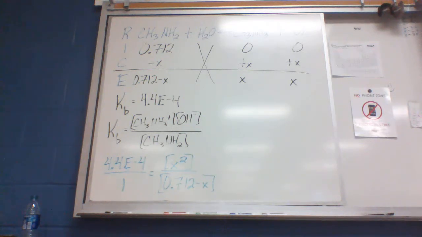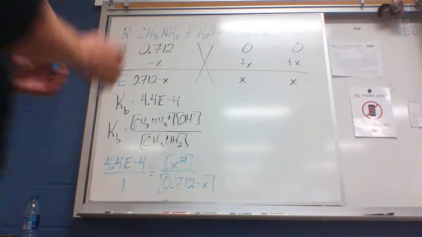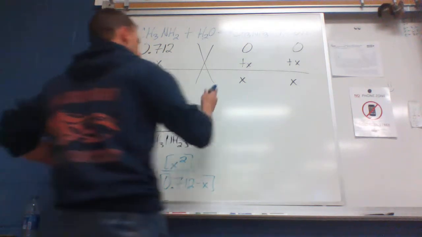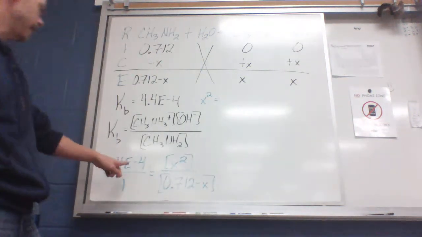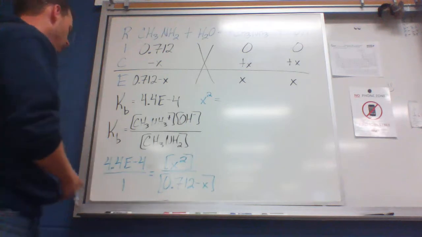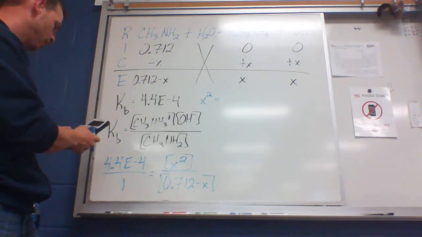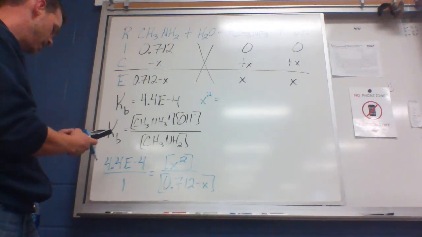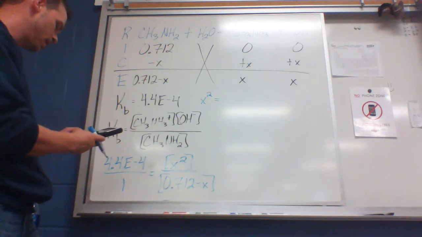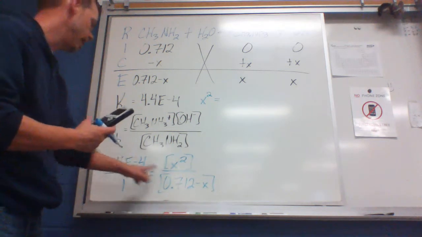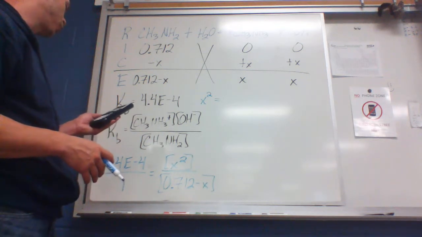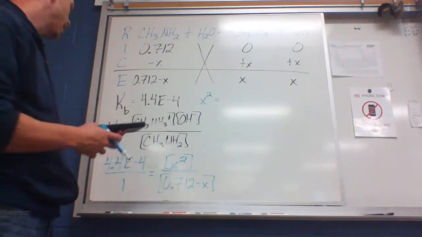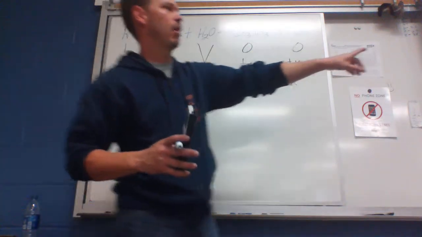Questions up to that point? All right. So as we begin to cross multiply, we'll find that X squared is going to equal, we have a distribution to do here. So I'm going to go 4.4 E negative 4 times 0.712 at the beginning of my distribution. Keep in mind, real quick, this is important. I don't think I said this.